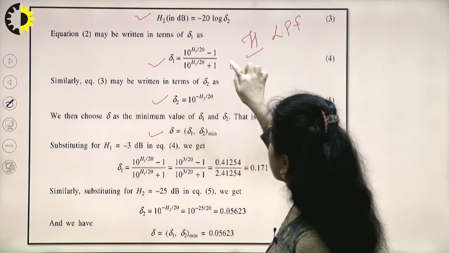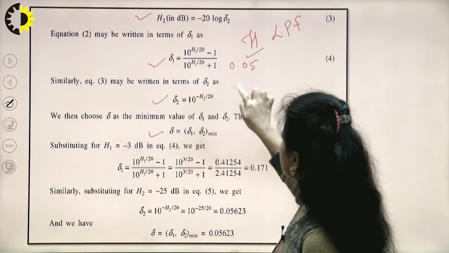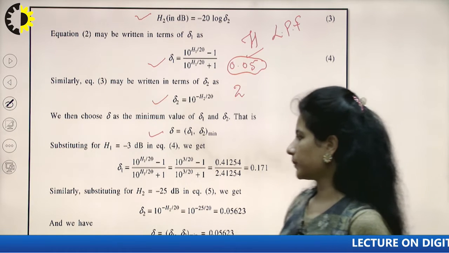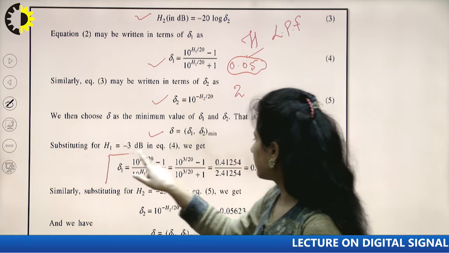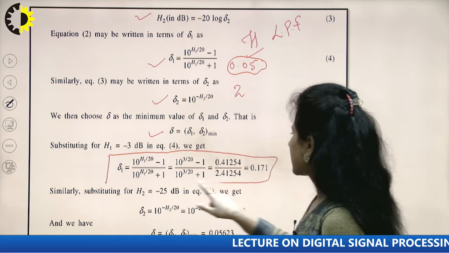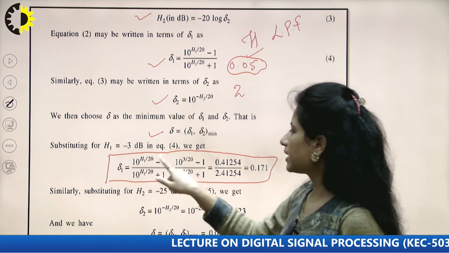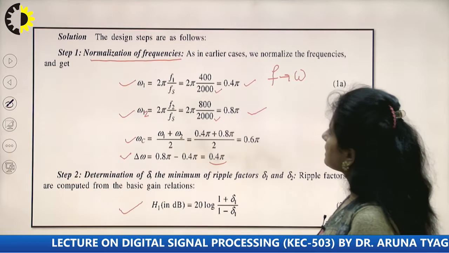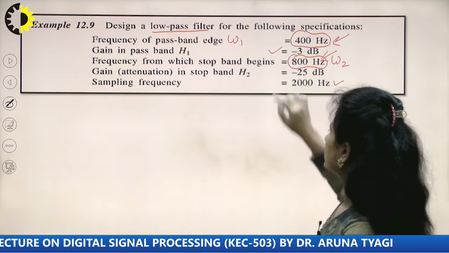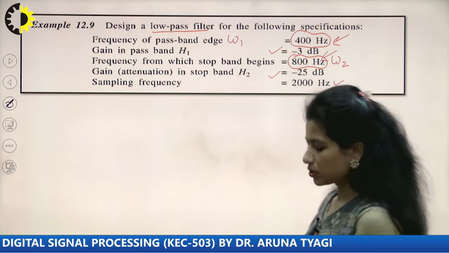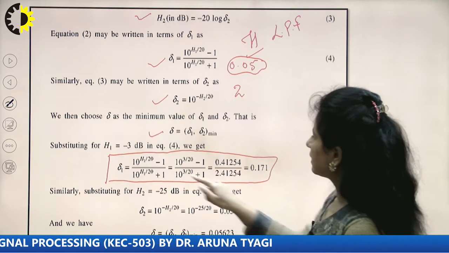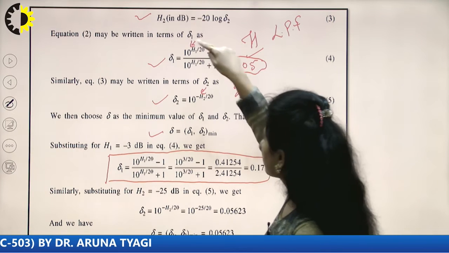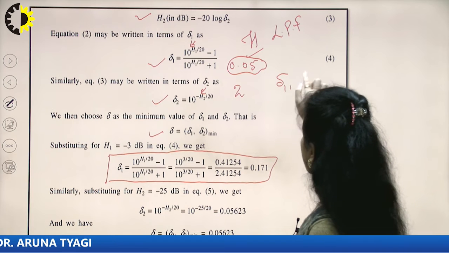If this is coming as say 0.05 and this say 2, I would choose this particular value of delta. And the corresponding values I can calculate using the given values, that is 10 raised to H1 by 20, 10 raised to H1 by 20 plus 1 and minus 1. H1 is given here as minus 3 dB, because this is attenuation, and H2 as minus 25 dB. So substituting H1 here and H2 here, I would calculate my parameters delta 1 and delta 2.